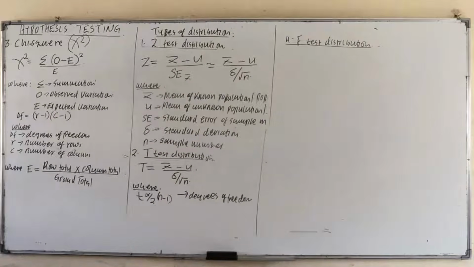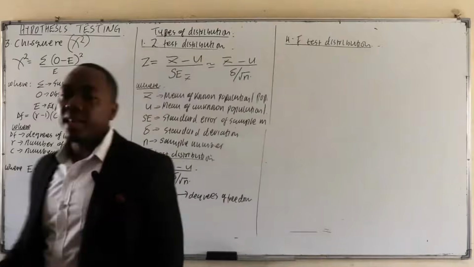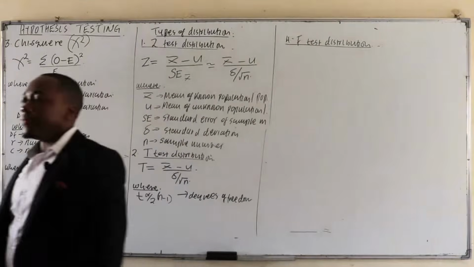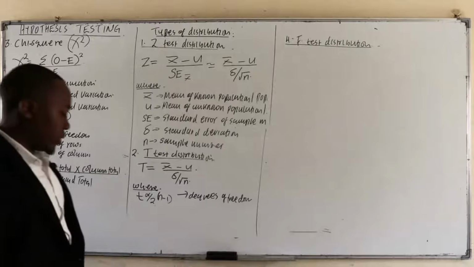This is used to analyze the variance of two samples. Good. Those are the various types of distribution.